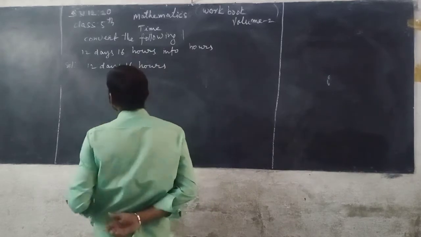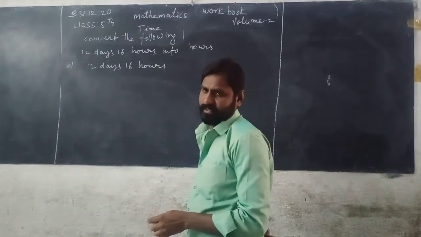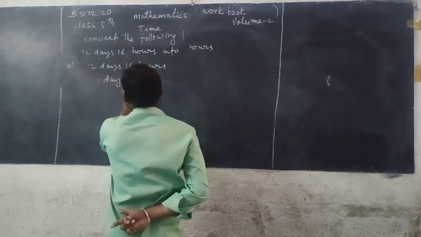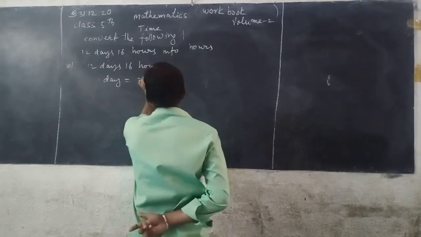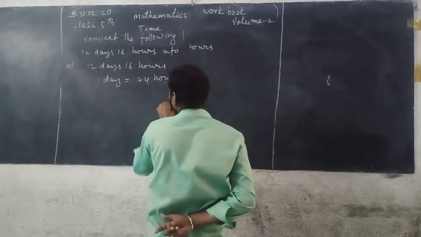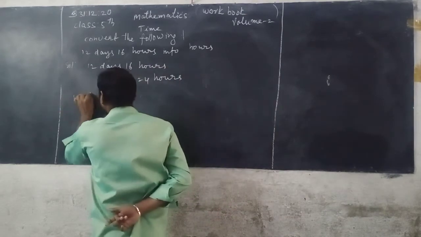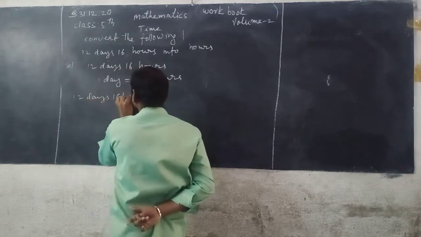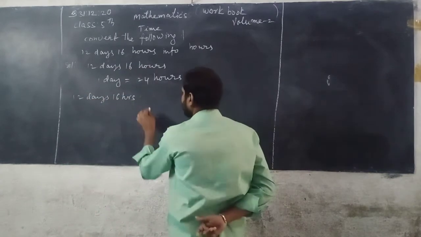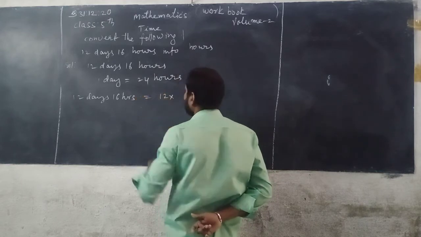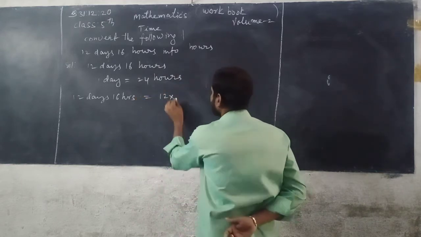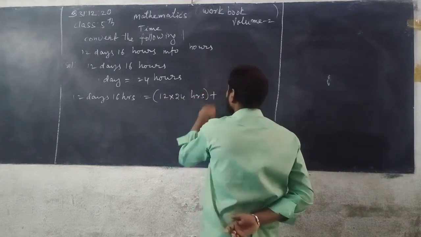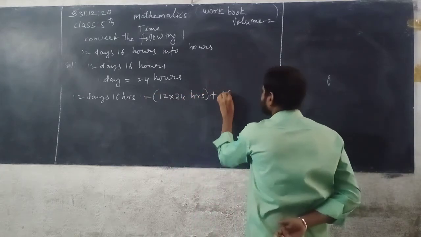Here days is converted to hours first. 1 day is equal to 24 hours. Then 12 days, 16 hours is equal to 12 multiplied by 24 hours plus the remaining 16 hours.